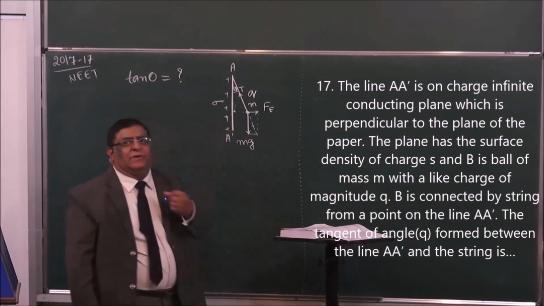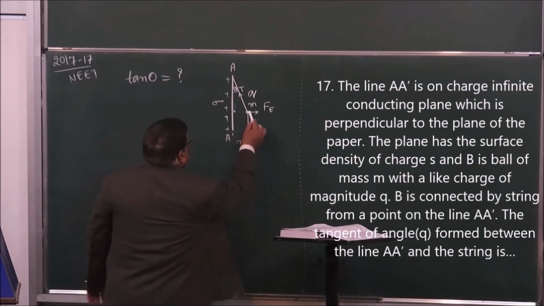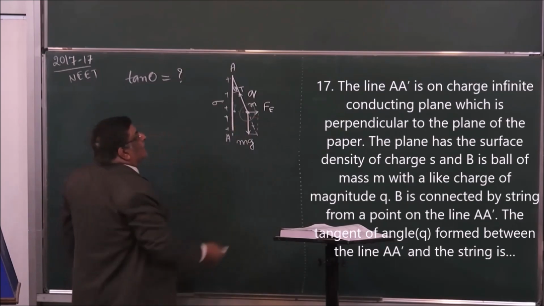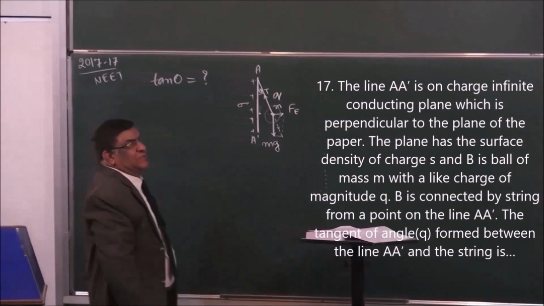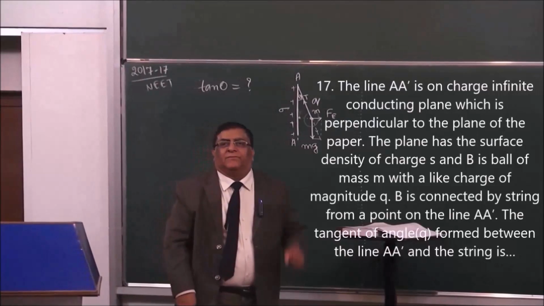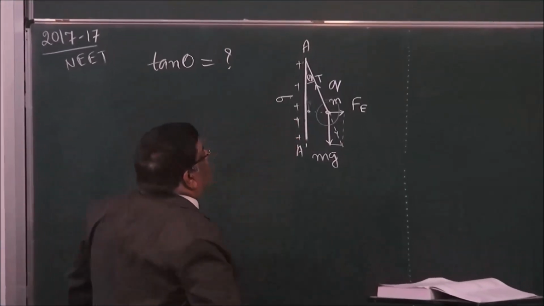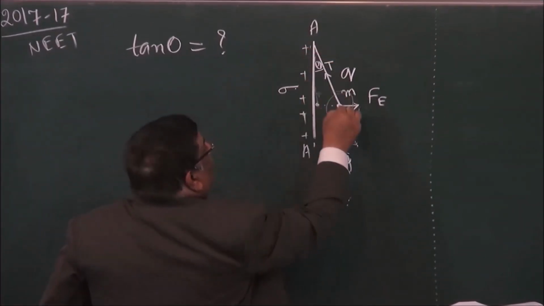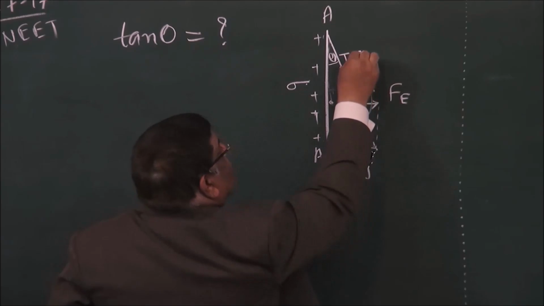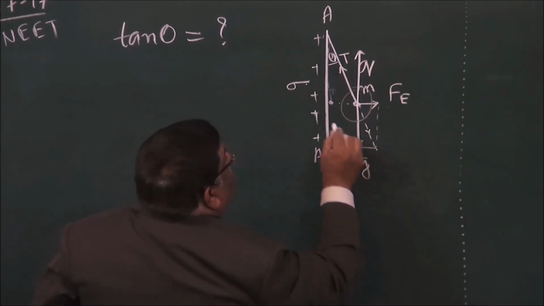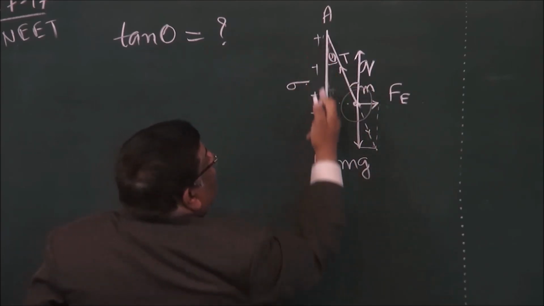This is very clear. You have done many questions like this in laws of motion, free body diagrams. So let us see the diagram of this body. This body is in equilibrium, and when it is in equilibrium, the sum of all the forces is 0, or the sum of the forces along any one line is 0. So to make equations, we make two parts of this tension. If this angle is theta, then this angle will also be theta, alternate angles between two parallel lines.